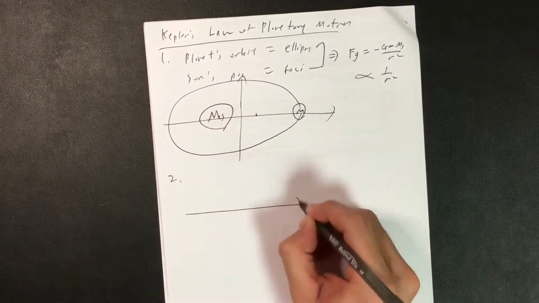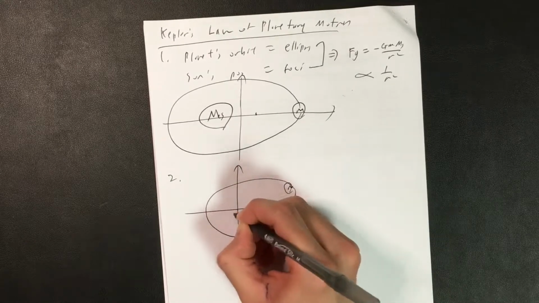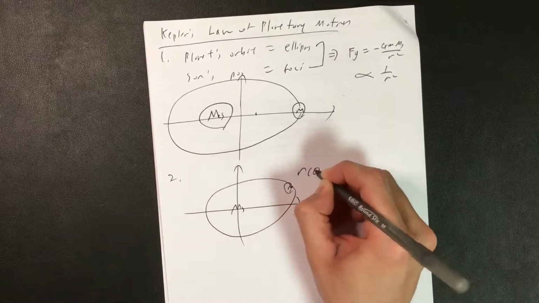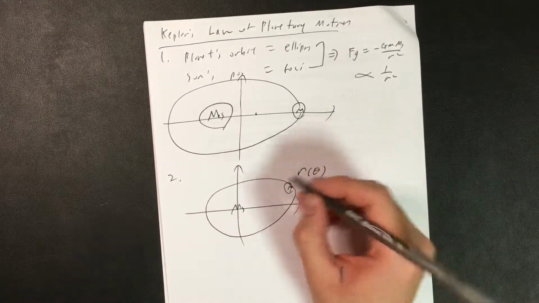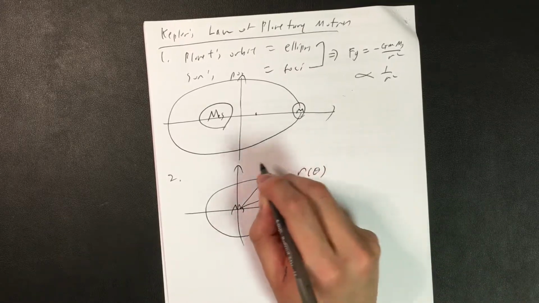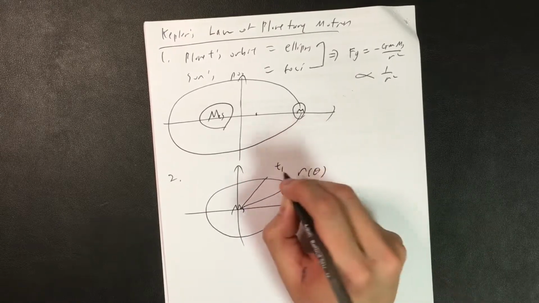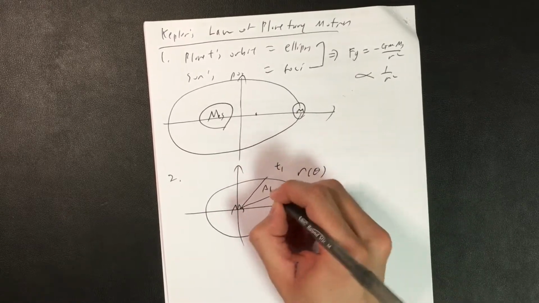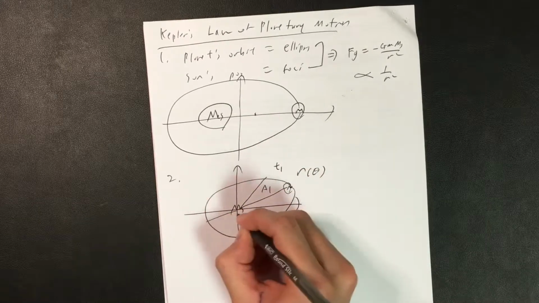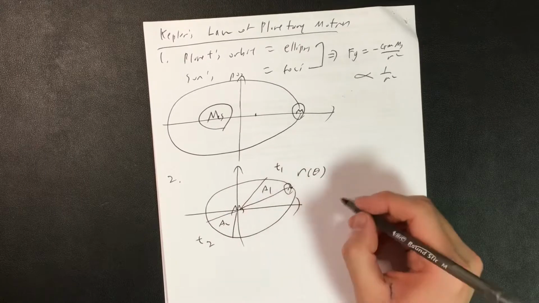The second law is that if the planet goes around the sun, let's say that's the sun, with the polar function r of theta, then the area swept by this planet, let's say for the time interval t1, the planet has swept an area A1, and for time interval t2, this planet has swept an area A2.